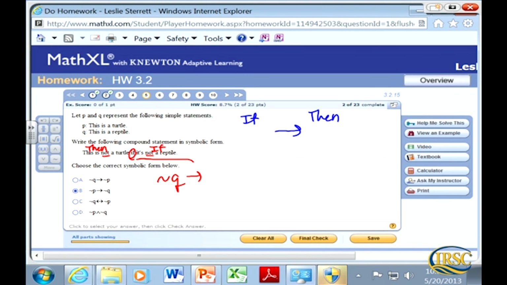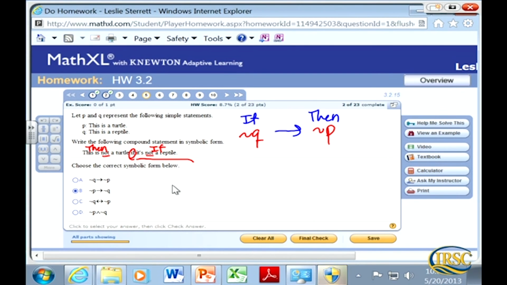So the not a reptile has to come first, leaving the other part to come second, not a turtle, which is not P. So this is how you want to translate symbolically an if-then sentence. If you can identify it's if-then, you have your arrow. Whatever the if part is has to be first, whatever the then part has to be second, but that's the challenge, is to figure out what order it's coming in.